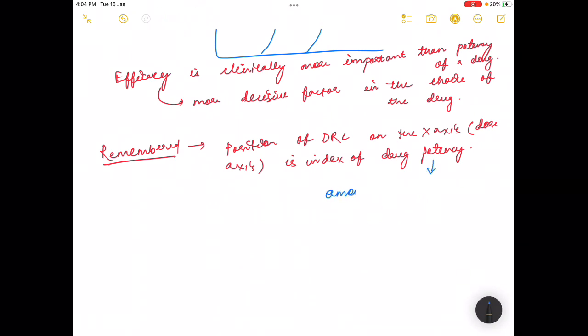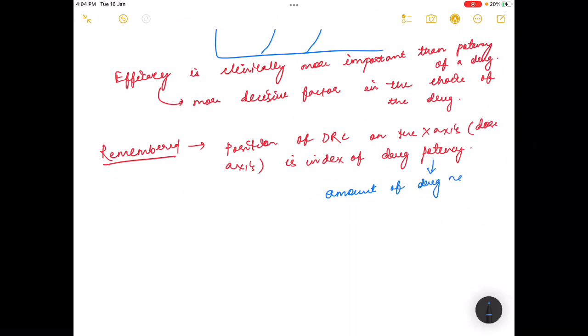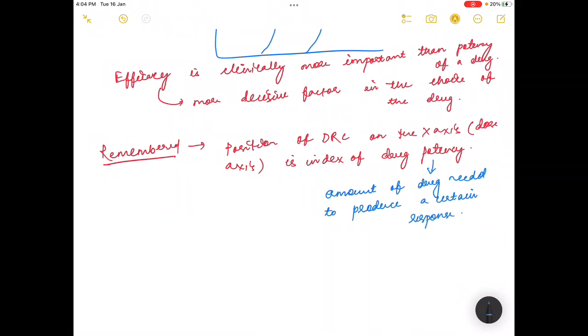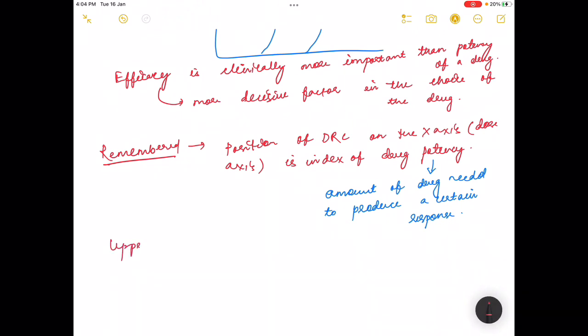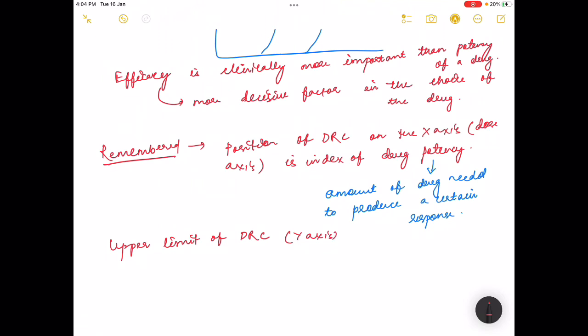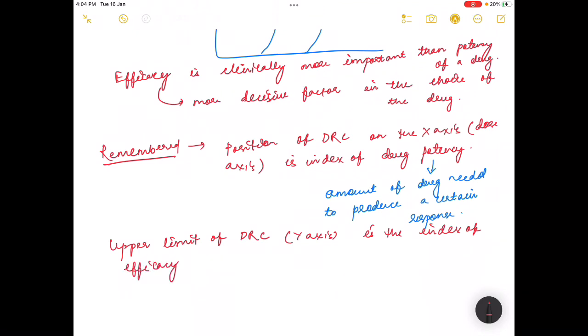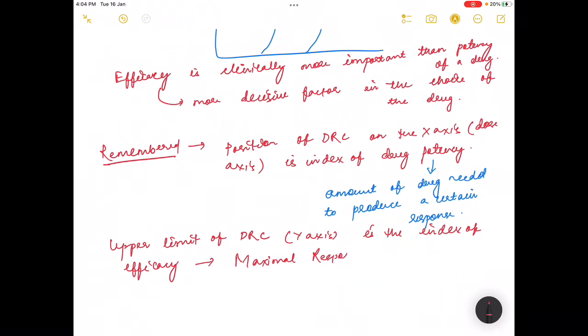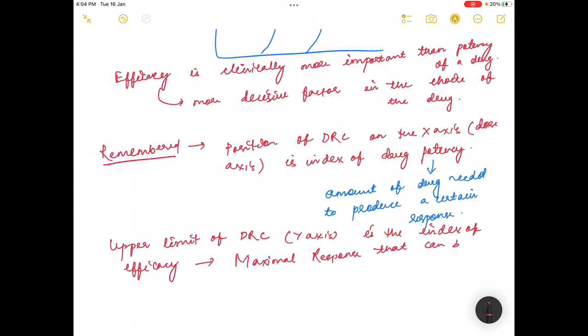Okay, and what it signifies? It signifies the amount of drug needed to produce a certain response, and the upper limit of DRC, that is the y-axis, is the index of efficacy of the drug, and this refers to the maximal response that can be elicited by the drug.